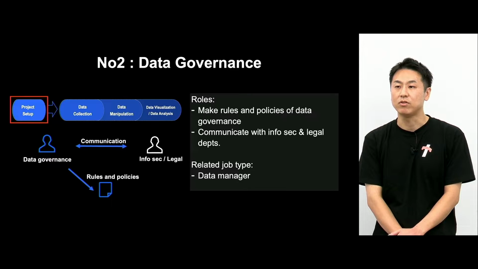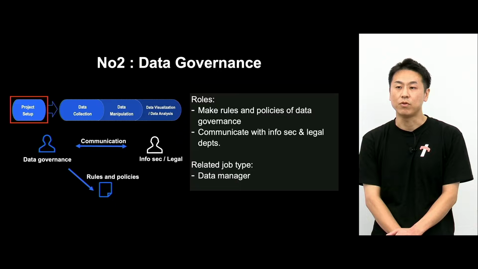To deal with the data, we need to define data management policies and rules. That's the role of data governance. What type of data the project will handle and what the potential risks are should be identified to define the rules. By the way, data governance in this context is a role within the project.